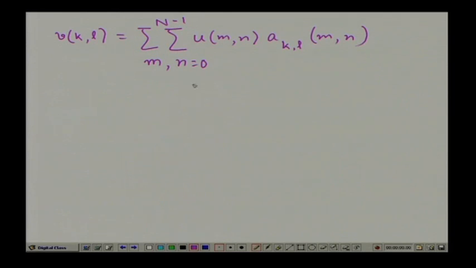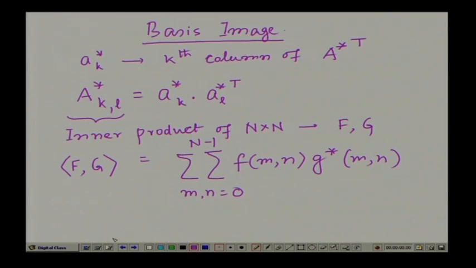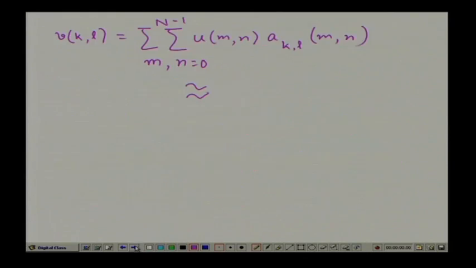As per our definition, this is nothing but an expression of an inner product, the inner product of the image matrix U with the transformation matrix A star k L.